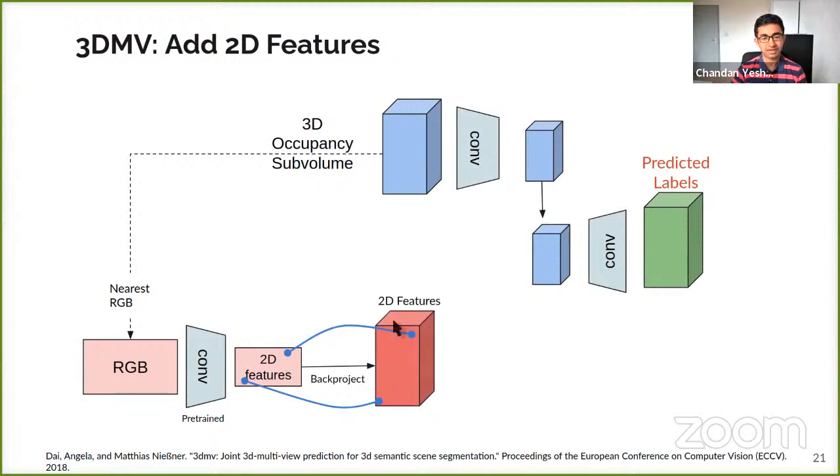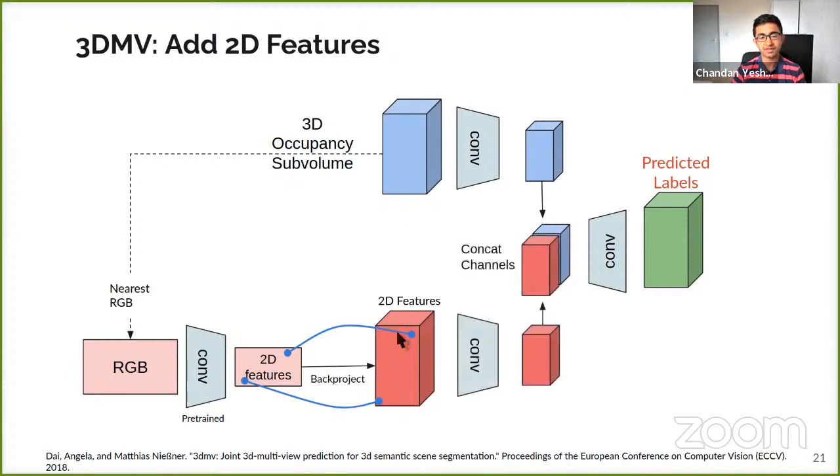Back projection is then done on these 2D features, which is just the inverse operation of projecting from 3D space to 2D space, a common operation in 3D geometry. Since we know the depth images here from, say, the Kinect sensor or some other sensor, we can project the 2D locations back into 3D to get a 3D volume corresponding to these 2D features. And based on the mapping that we got earlier, we are only going to keep the features that fall into this subvolume.